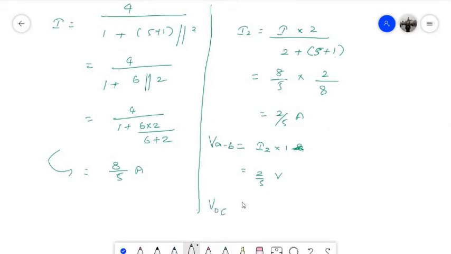So the open circuit voltage is VAB plus 6 volt, that is 2 by 5 plus 6, that is 32 by 5 volt, 6.4.